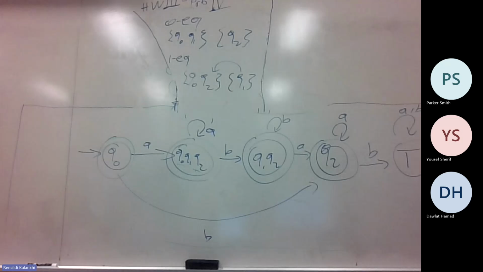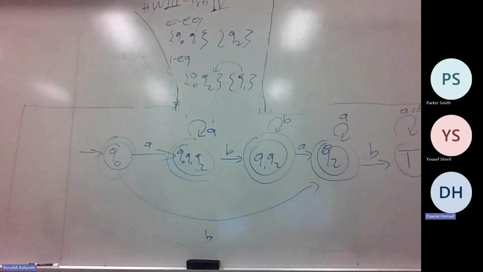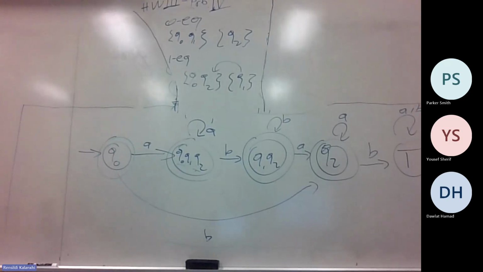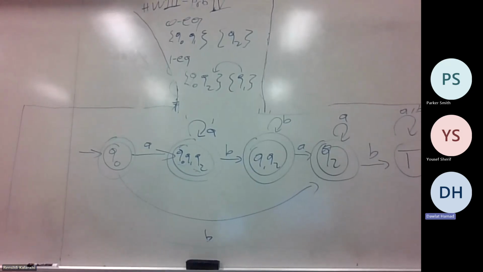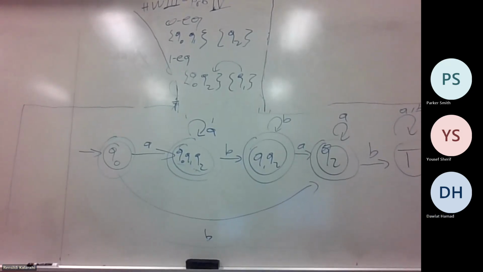Let me see which one you're referring to. Yeah, it doesn't have a lambda. Oh, it does have a lambda from Q1 to Q2, yeah. But it doesn't have a lambda from Q0 to Q2. I believe you are referring to that, right? From the one with zeros and ones, yeah, transition. So that's the only example we have where it has lambda.